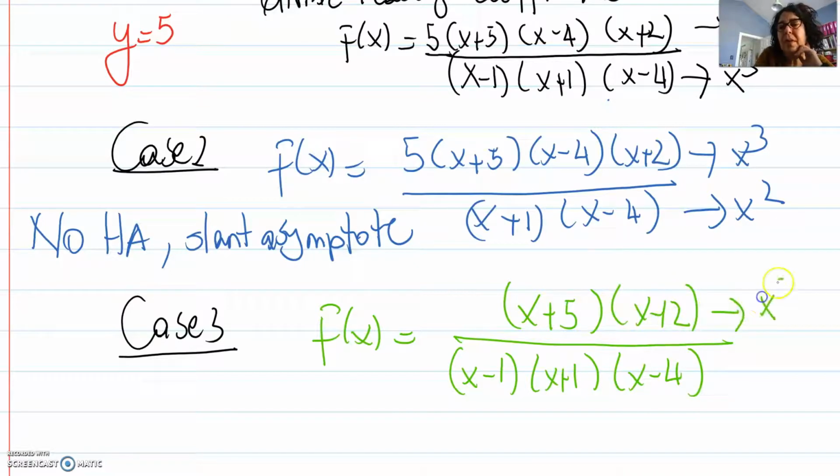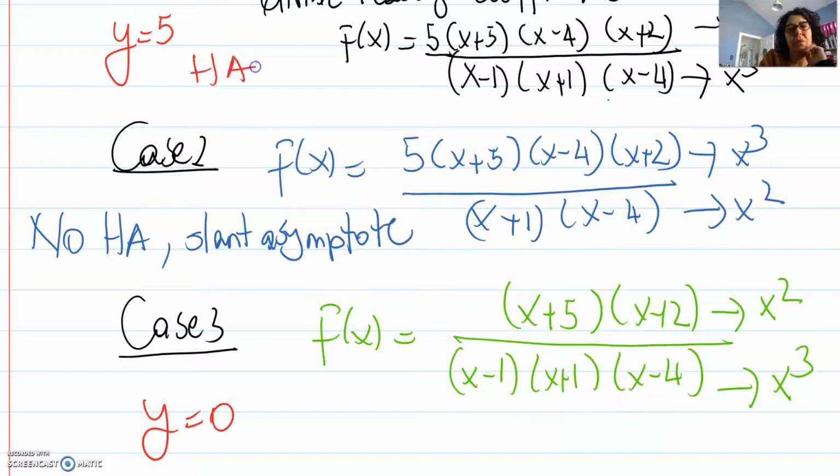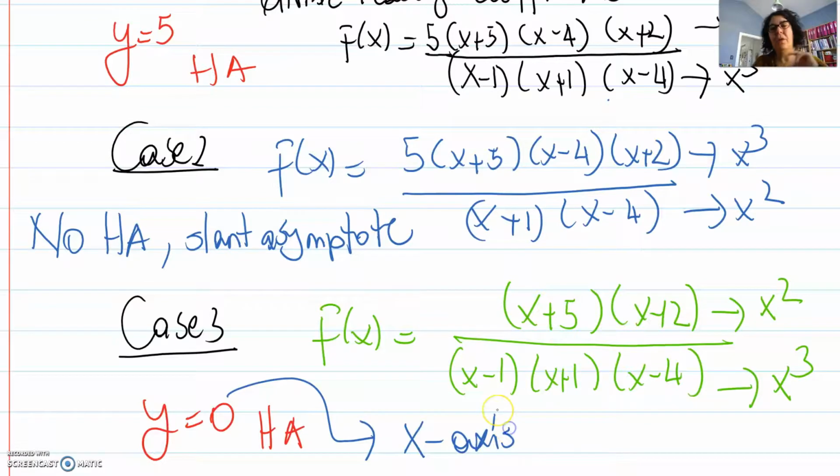So this is a second degree and this is a third degree. Now this time we do have a horizontal asymptote, and that is y equals 0. This was the horizontal asymptote here, case 3. And y equals 0 has another name, as you all know, that is the x-axis. Okay, so that's the story with the horizontal asymptotes.